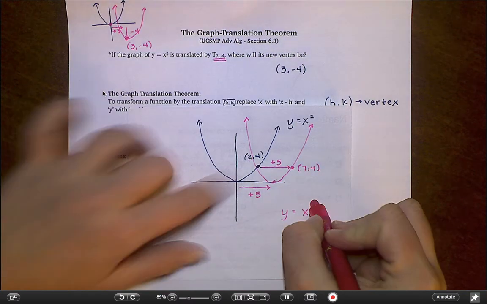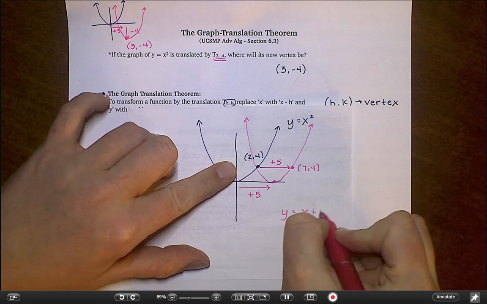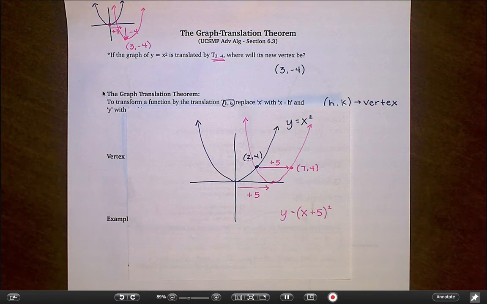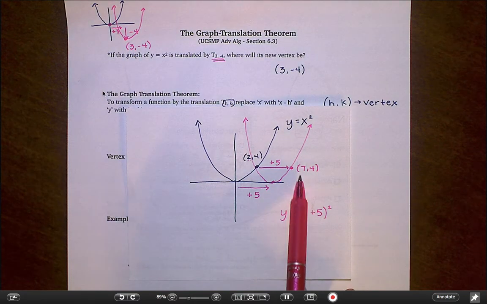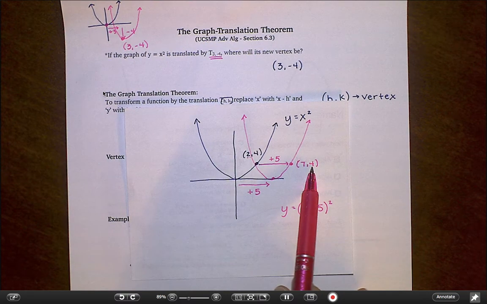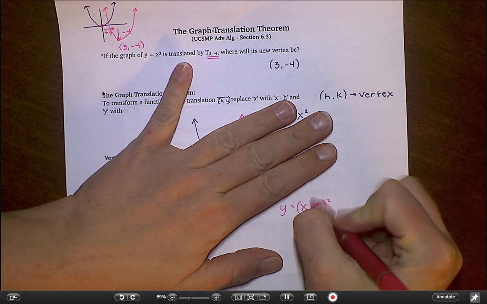Okay, so you may be thinking, well, we moved 5 to the right, so let's take x plus 5 and square it. The problem is if I do 7 plus 5, that gives me 12, and 12 squared is 144, not 4. I need something that's going to turn it back into a 4. But watch this.